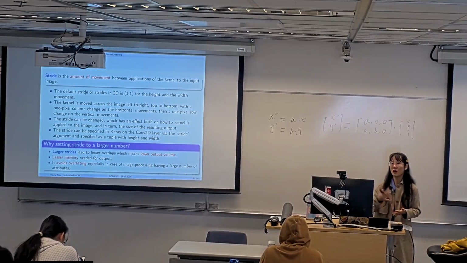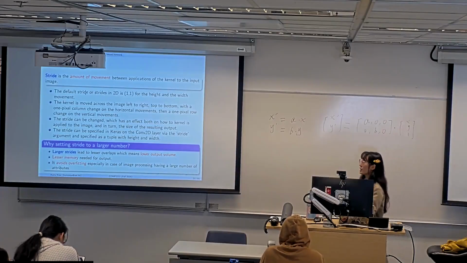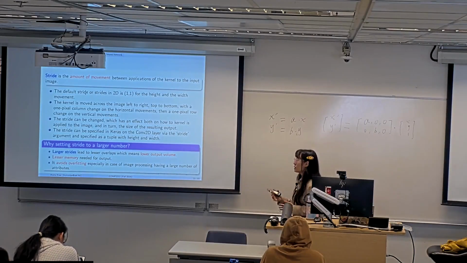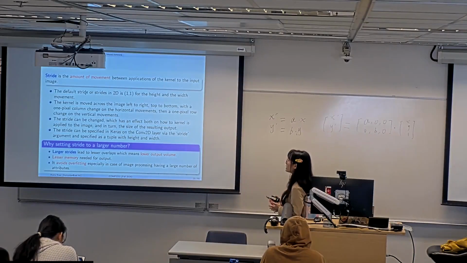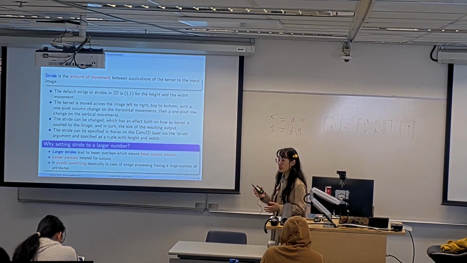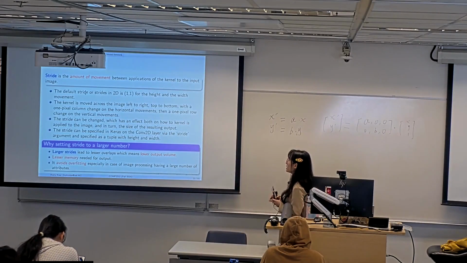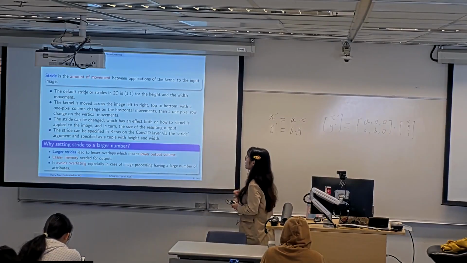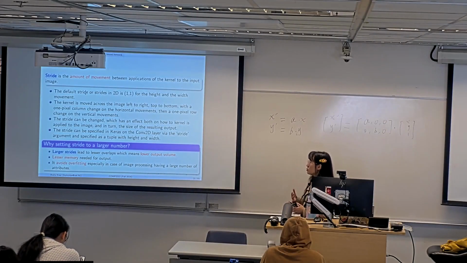Because if you jump over some pixels, then the output image will have a smaller size. And the stride can be specified in the Conv2D layer, using the stride argument, and it can be specified as a tuple with height and width.